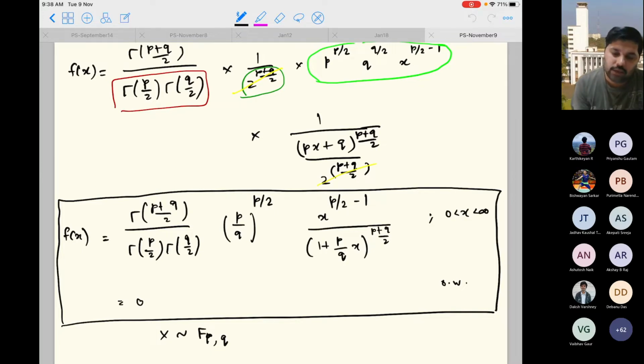Then in PQ plus PX plus Q, I'm taking Q out, which is common. So 1 plus P by Q x to the power this, and then I'll have Q to the power 1 by Q to the power P plus Q by 2. That gets adjusted in this expression: P plus Q, P by Q to the power P by 2. Is that okay? And so that is beta PQ also. If you want, you can write it in terms of beta PQ. That's correct.